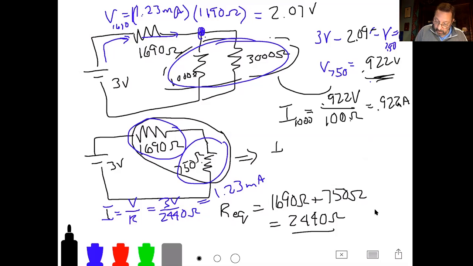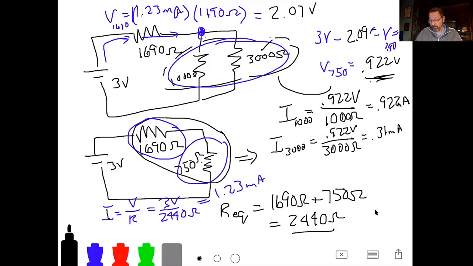And the current going through the 3000 ohm resistor, that's this guy right here, would be 0.922 volts divided by 3000 ohms, and that would be 0.31 milliamps. And notice when you divide through by 1,000, that inserts a milli.